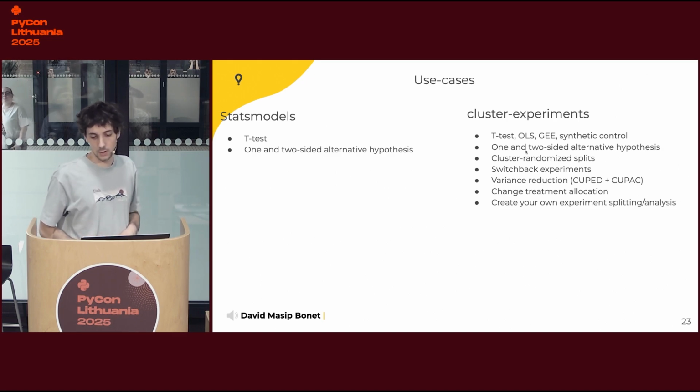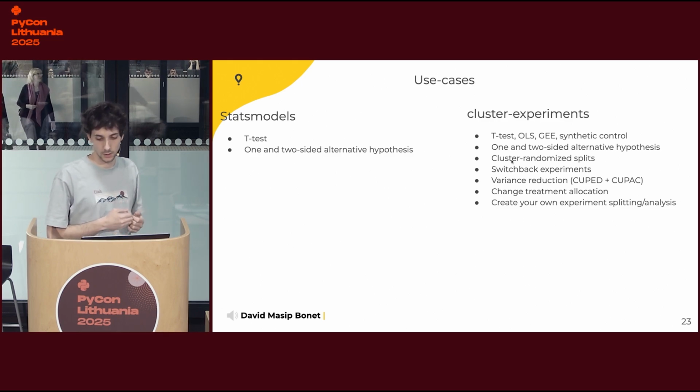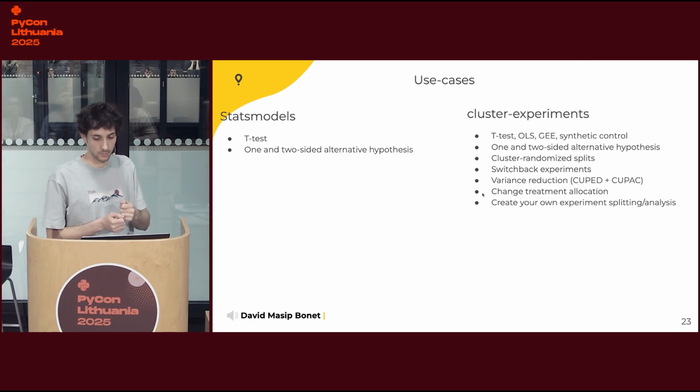So for instance, OLS, ordinary least squares, which is kind of equivalent to the t-test, but you can also add variance reduction to it, which I'm going to talk about later. Generalized estimating equations, synthetic controls, and then cluster randomized and switchback splits, which is something that logistics companies run very, very frequently. And also it's easy to change the treatment allocation from 50 to 90% without knowing a lot of statistics.